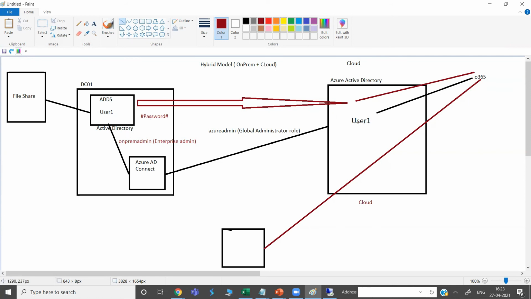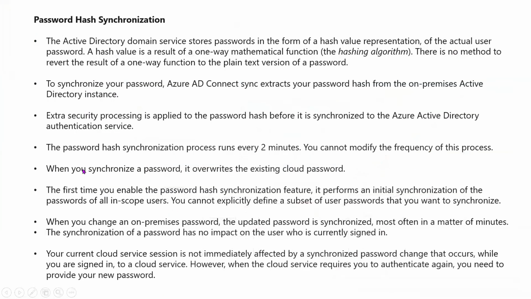This new password is going to replace the old password in this case, correct? So same thing, when you synchronize a password, it overrides the existing cloud password here. The first time you enable the password hash synchronization feature, it performs an initial synchronization of the passwords of all users in scope.